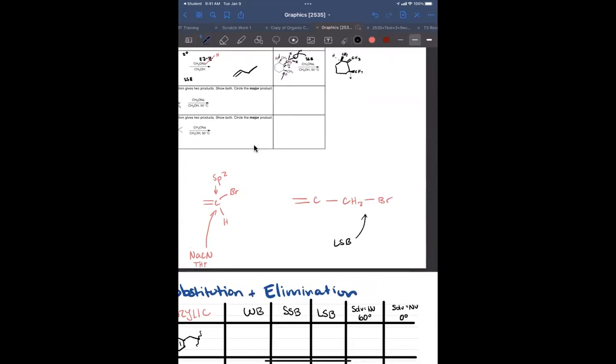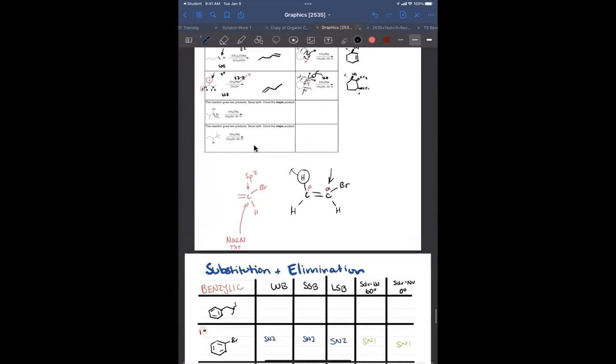That was a bad one. I don't know why I did that. I need something that's just sp2. Oh, like this. This is our alpha carbon. This is our beta carbon. Any kind of strong base can't really take that hydrogen away and cause it to make a triple bond, because this is sp2.